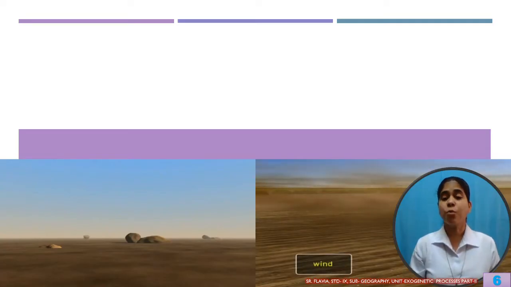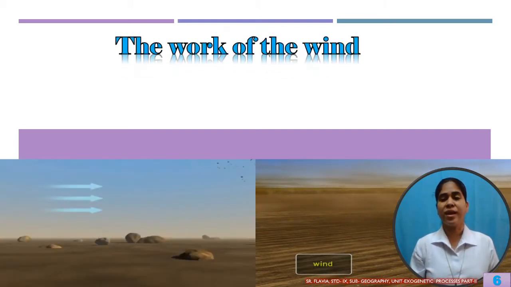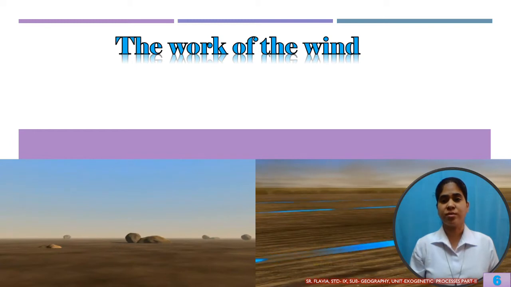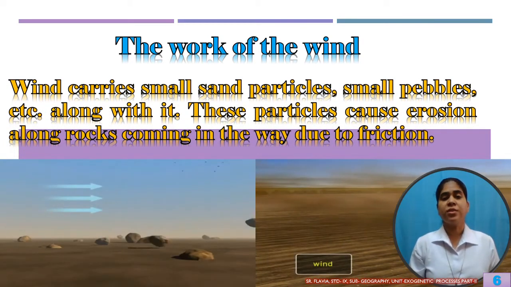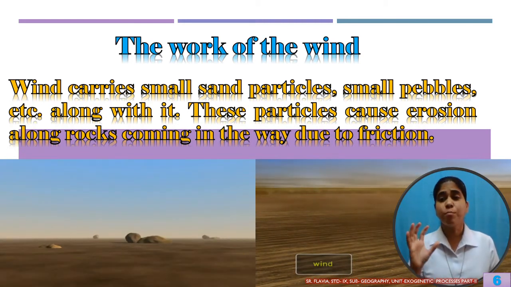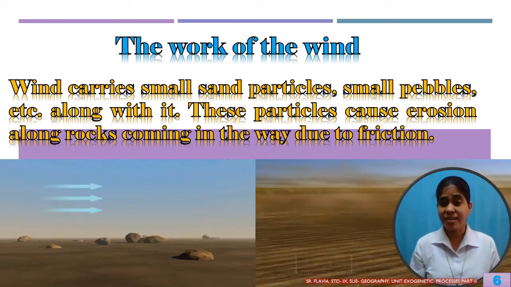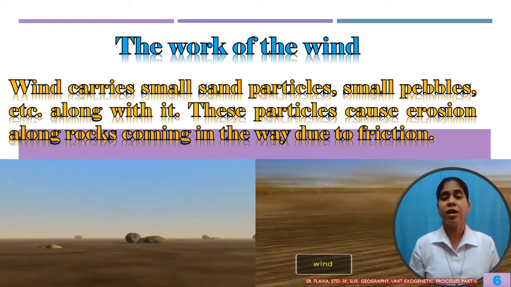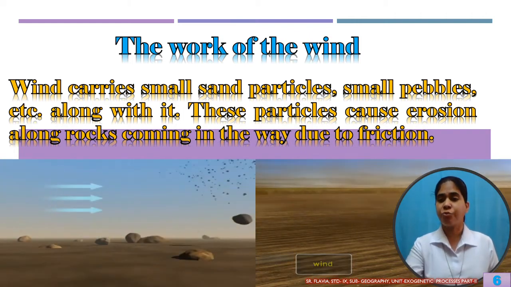So what does the wind do, or what is the work of the wind during erosion? During erosion, the wind carries small sand particles and small pebbles along with it. These particles cause erosion along rocks coming in the way due to friction.